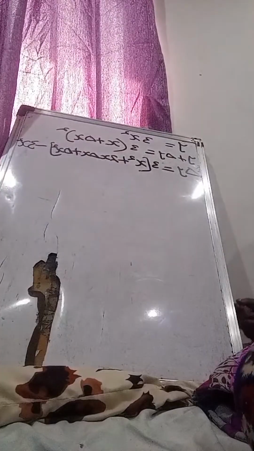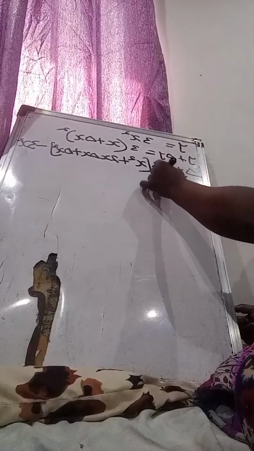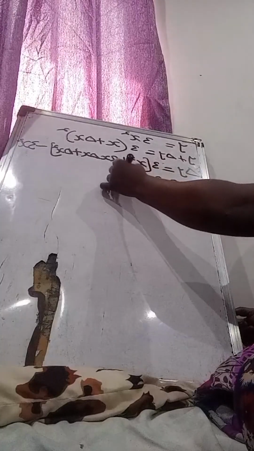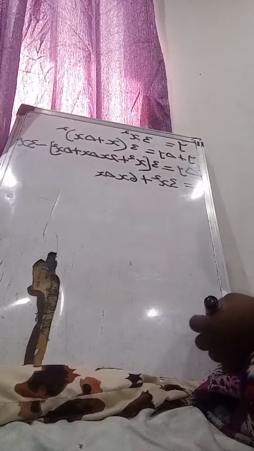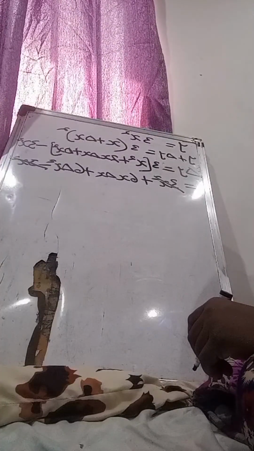Abby? Yes, ma'am. So we have 3x squared plus 6x changing x plus 3 changing x squared minus 3x squared, so that here can cancel here, right? Ma, it is 3 changing x squared, not 6. 3 is multiplying changing x squared. Oh, yes, you're right. The other one is 6. Yes, you're correct.